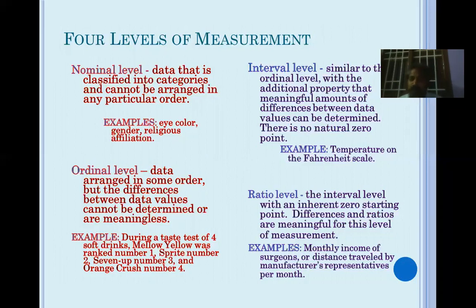When this true 0 is not there, that is interval scale. For example, take Celsius degrees. There is a place in Himachal Pradesh which has maybe minus 5 degrees or 0 degrees Celsius. 0 degrees Celsius doesn't mean that there is no temperature out there. But statistically, we take both the interval level and the ratio level as the same. Both are treated as scale level data.